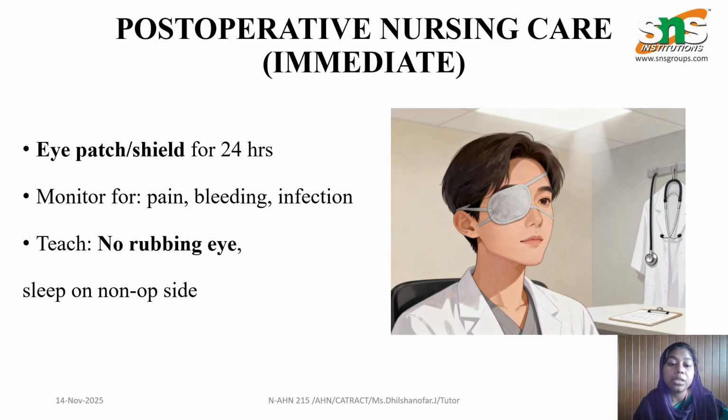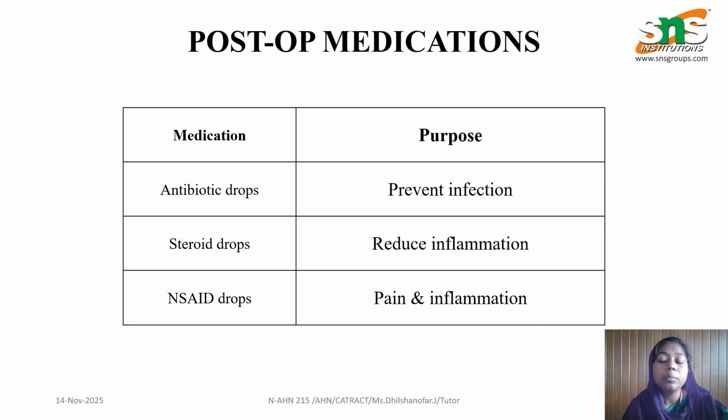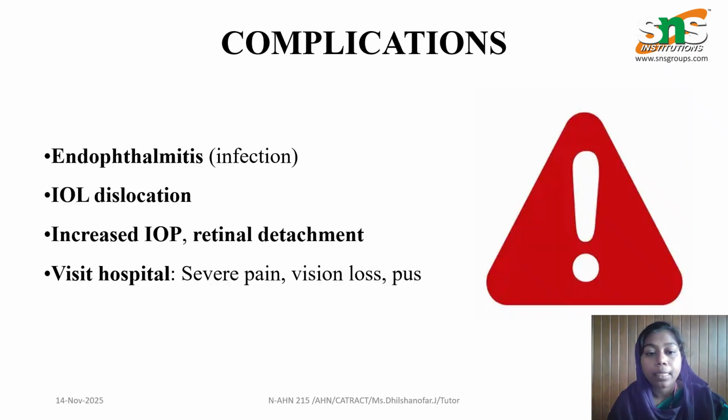Then educate the patient not to stress more and not to rub the eyes, and also advise not to sleep on the operated side. Then post-operative medications like antibiotic drops are given to prevent infection. Then steroids are given to reduce the inflammation, and NSAIDs are given to reduce the pain and inflammation.